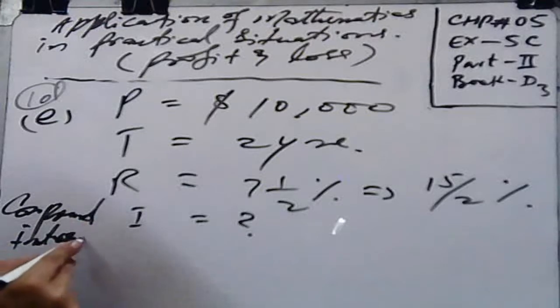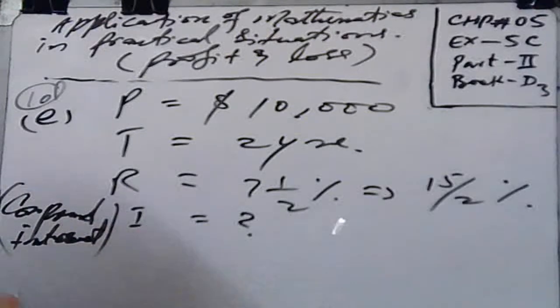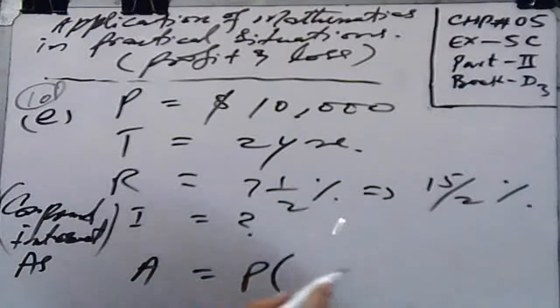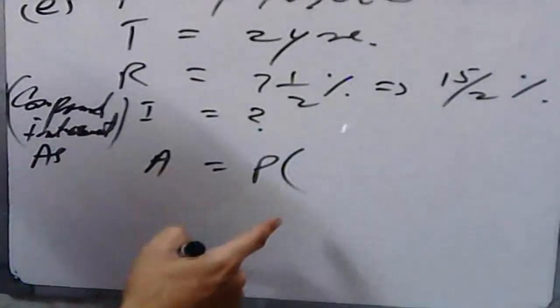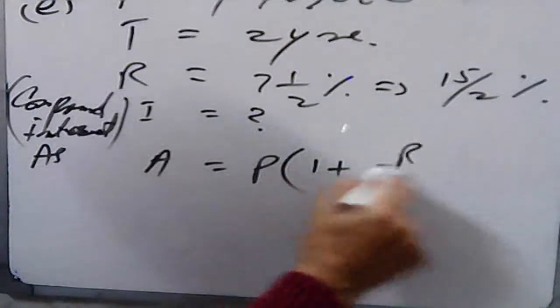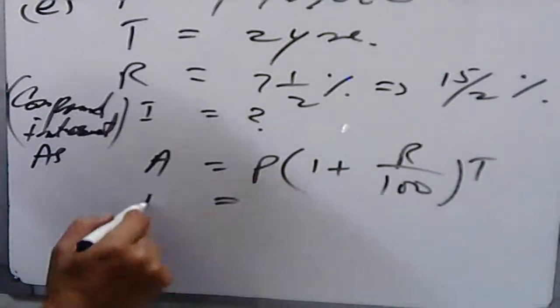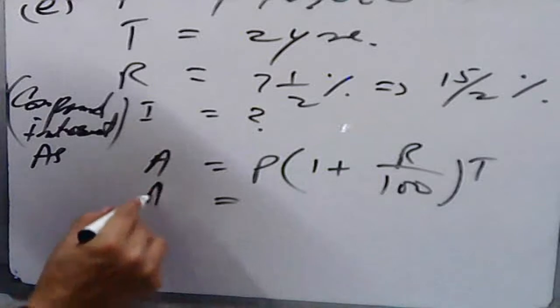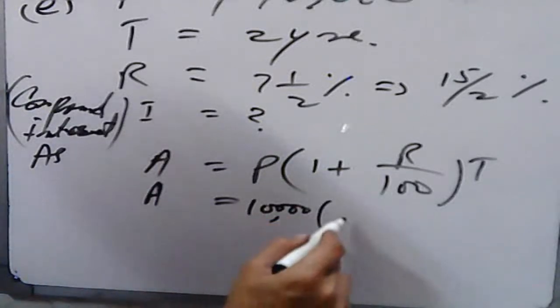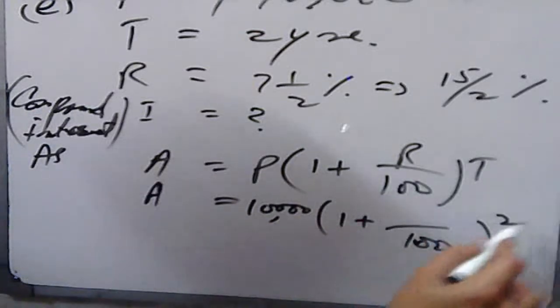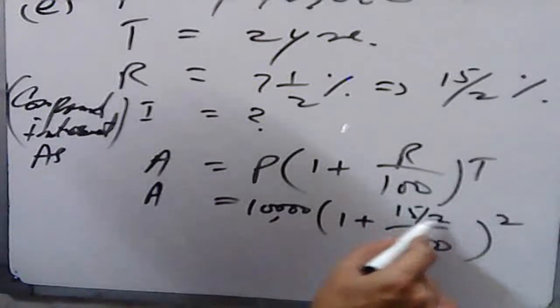Once again, you use the same formula: the compound amount is equal to P times (1 plus R by 100) to the power 2. So the amount will be equal to 10,000, the principal amount, times 1 plus, with the time period 2 years and the rate of interest 15 by 2.